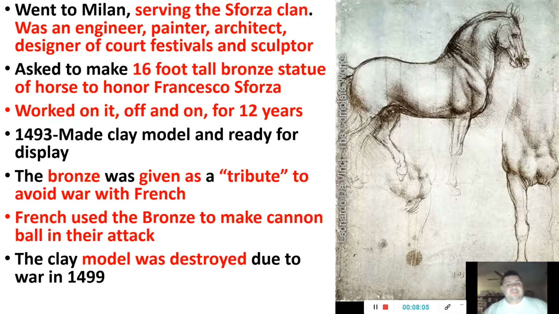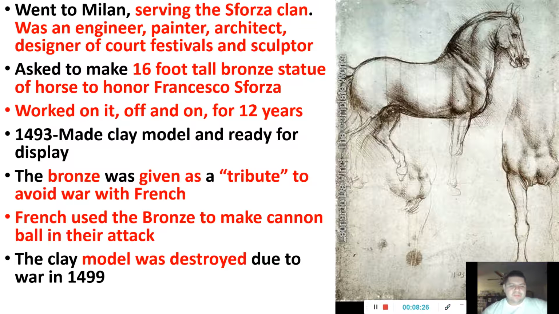This is the same bronze that was going to be used on the horse." The French took it and said, "Okay, thanks," and they made cannonballs out of that bronze, and they shot it into the city of Milan. So they took the bronze from the city and shot it right back at them in cannonballs.